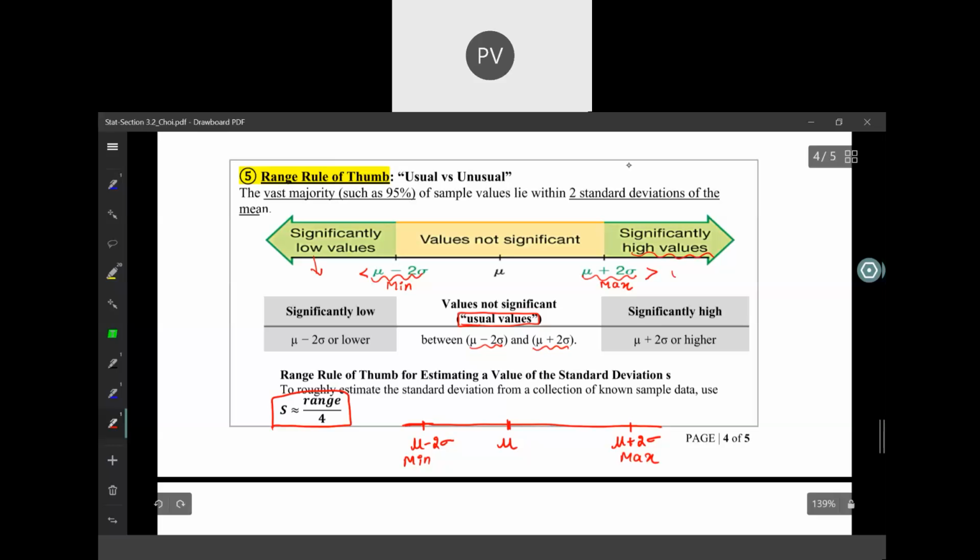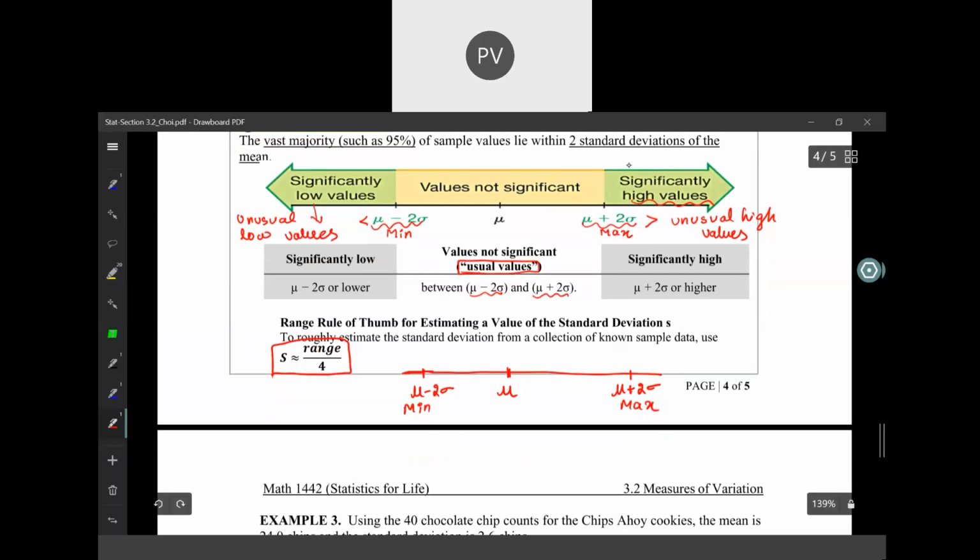Okay, I call this unusual high values. This is unusual low values. Okay, this is the range rule of thumb.